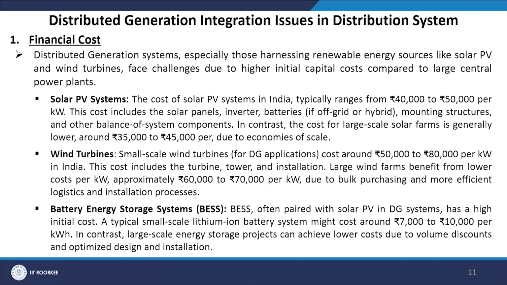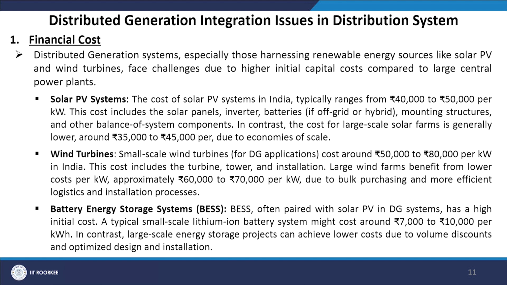Distributed generation systems, especially those harnessing renewable energy sources like solar PV and wind turbines, face challenges due to higher initial cost compared to the large centralized power plant energy cost.